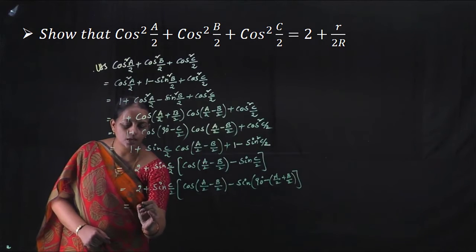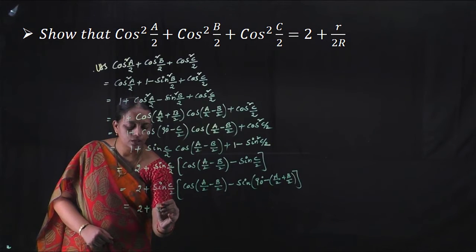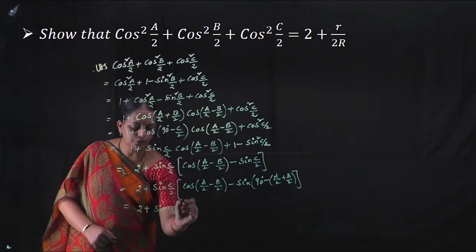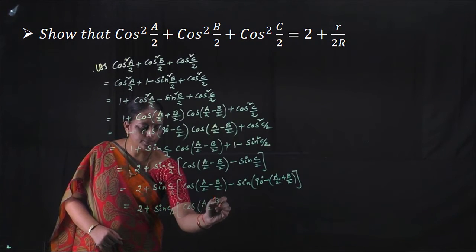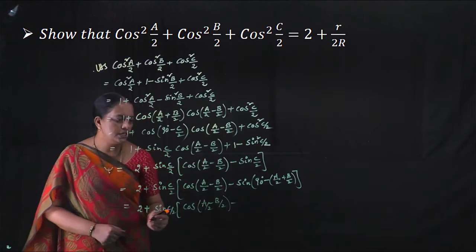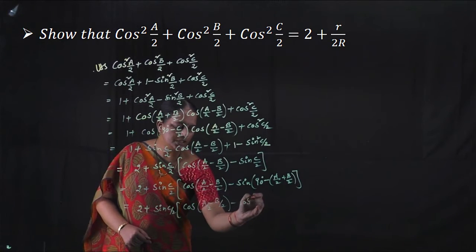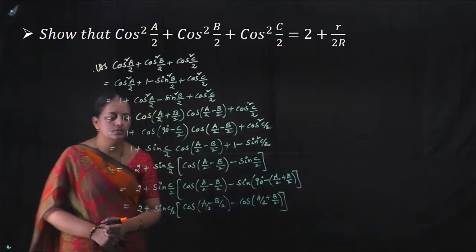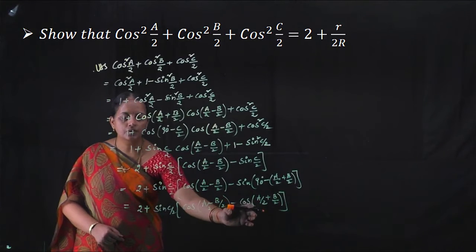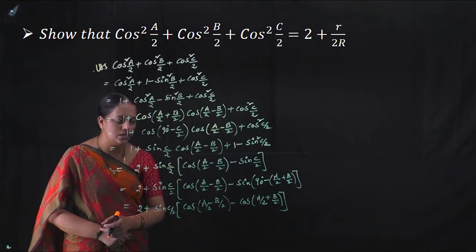This is equal to 2 plus sin C by 2 into cos of A by 2 minus B by 2 minus sin of (90 minus theta), which means cos theta. So sin of (90 minus (A by 2 plus B by 2)) means cos of A by 2 plus B by 2. So it is in the form of cos of A minus B minus cos of A plus B.